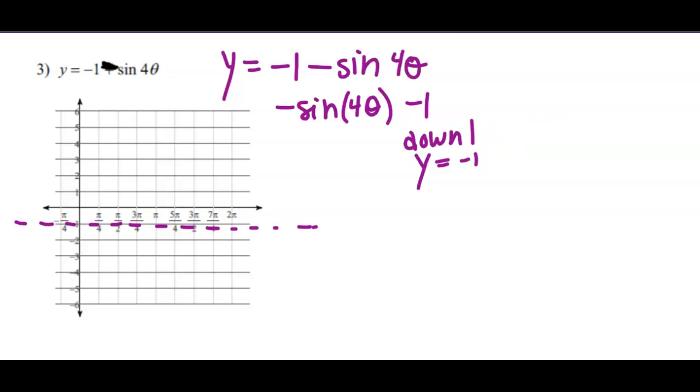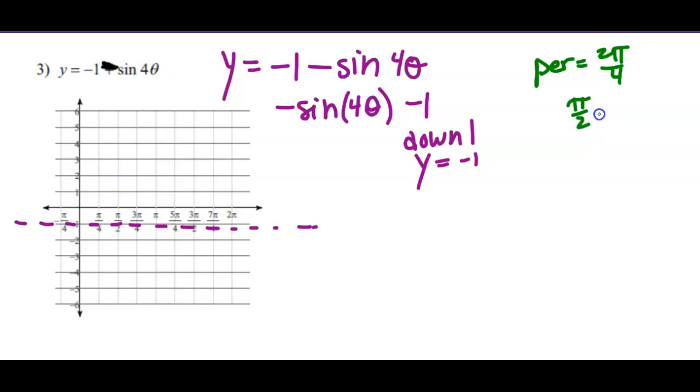They nicely gave us graph paper that counted by pi over 4s here. Our period is 2 pi divided by 4 because of this 4. So the period is really pi over 2.